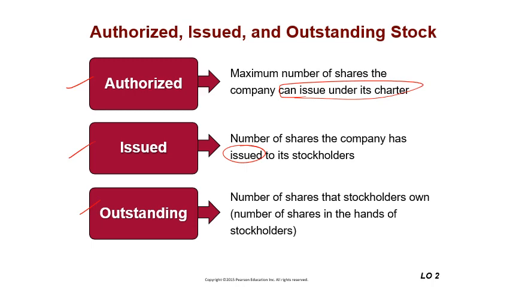Outstanding means the number of shares that stockholders own, in the hands of stockholders, right? So it looks the same, but these are not, because sometimes the company buys back its shares as well. When the company buys back its shares, it is included in issued, but it is not included in outstanding.